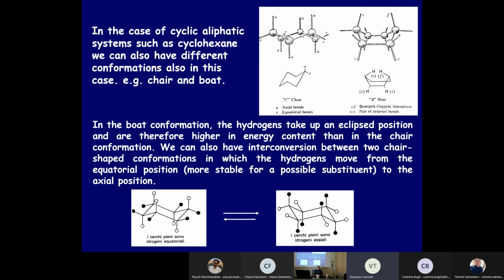And we can stabilize the different conformations.